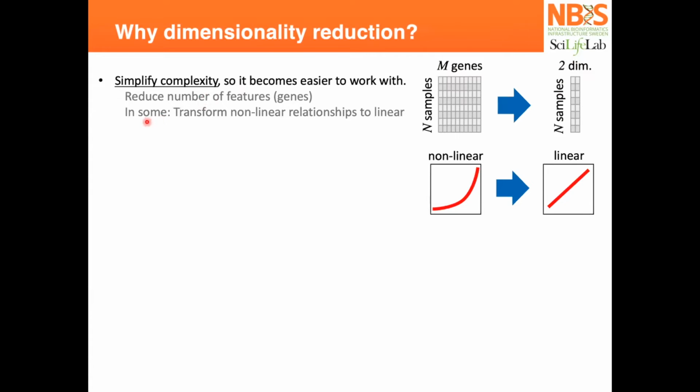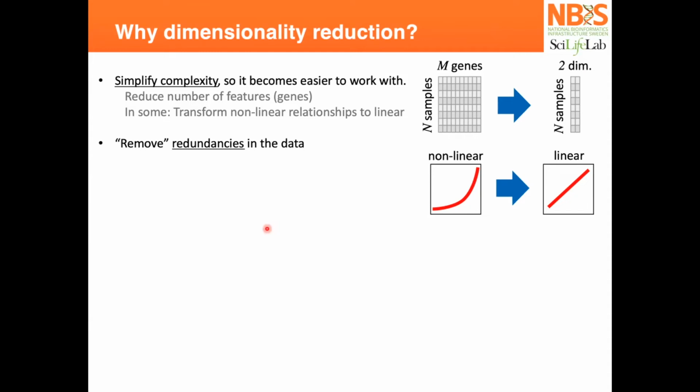In some cases, you also want to transform non-linear relationships between cells to something linear. And that is usually done using a graph that I'll mention a little bit later in this lecture. Another purpose is to remove redundancies in the data, because you have 20,000 genes. Most of those genes will have exactly the same expression trend.